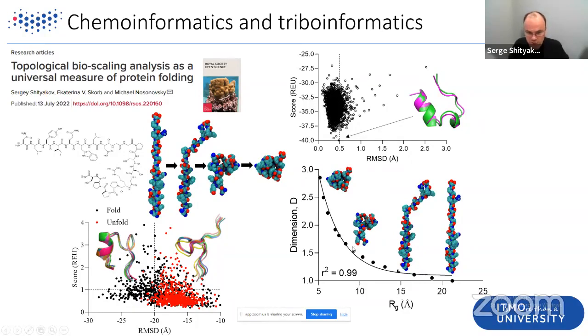So by using some mathematical function, we devised this process and calculated some kind of alpha constant, which is giving us the dimensionality of this process, from one dimension to the 3D dimensionality, with a high correlation.